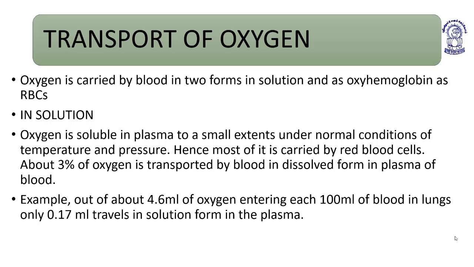Oxygen is carried by blood in two forms, in solution and as oxyhemoglobin. In solution means when oxygen combines with the plasma, and oxyhemoglobin when oxygen combines with hemoglobin, Hb.